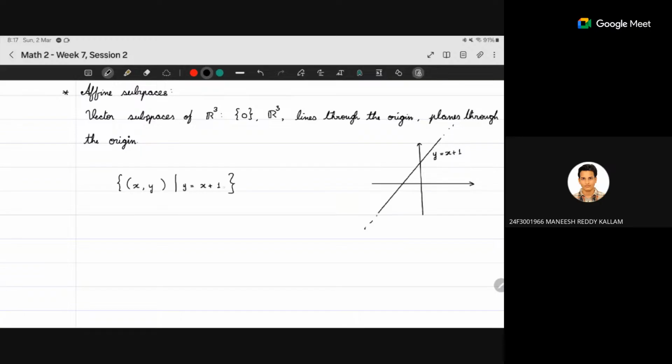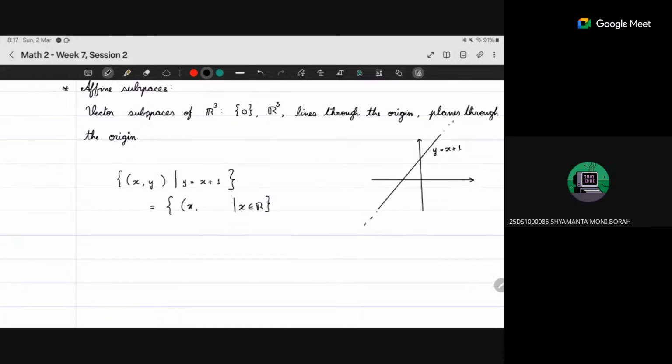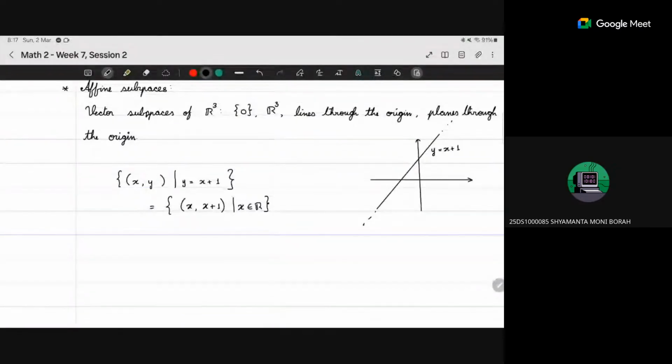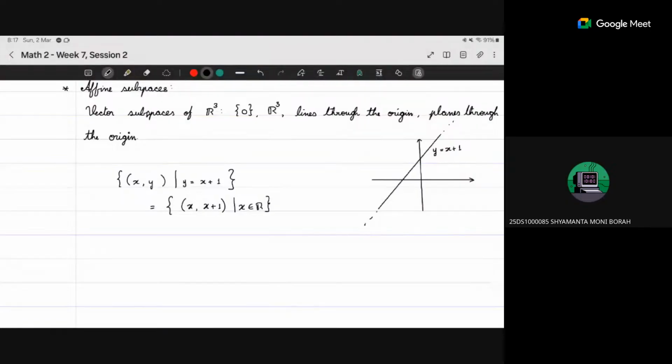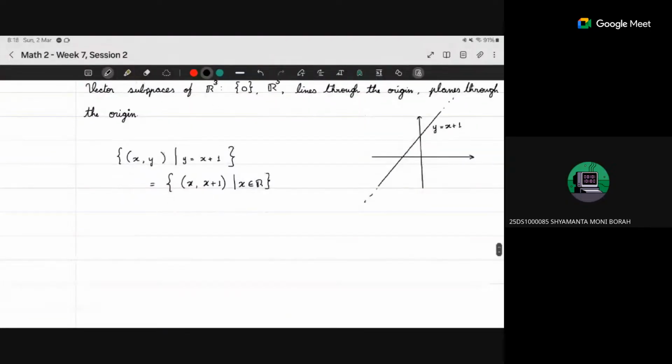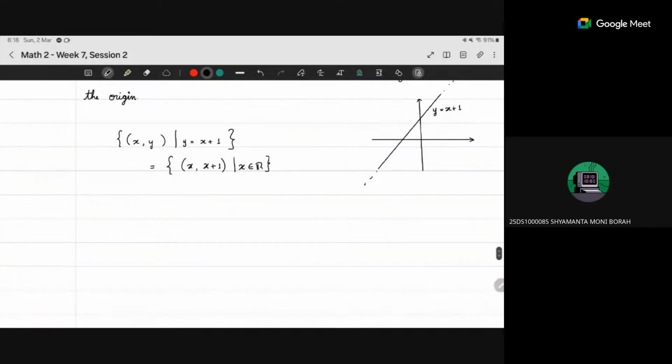Yes, this is one way to write it, but this is not what I want. I want to see it as a one parameter family, highlighting the fact that this is in some way one dimensional. So x comma mx plus 1, something. Okay, fine, let's take x itself. I can write this as x comma x plus 1, right? Here it's not mx, but just x, because I've taken y is equal to x plus 1. So this highlights the fact that this is a one-dimensional space. One parameter is enough to describe the set.